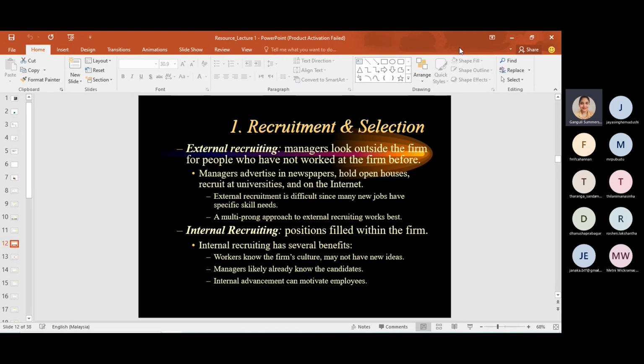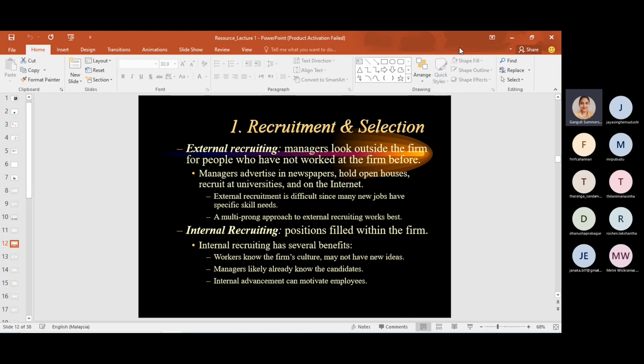For example, you are holding interviews, you are recruiting at universities, and you are also advertising on the internet. If you do all these things at the same time, simultaneously, that is called a multi-prong approach.